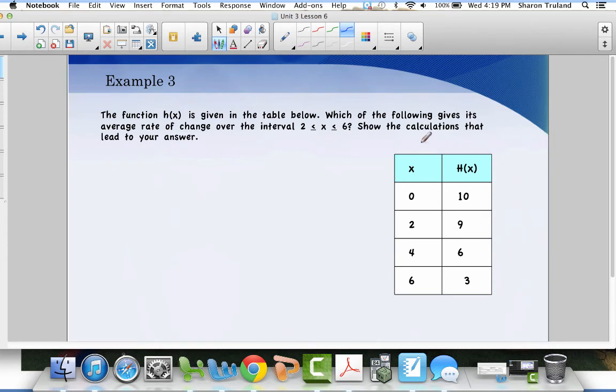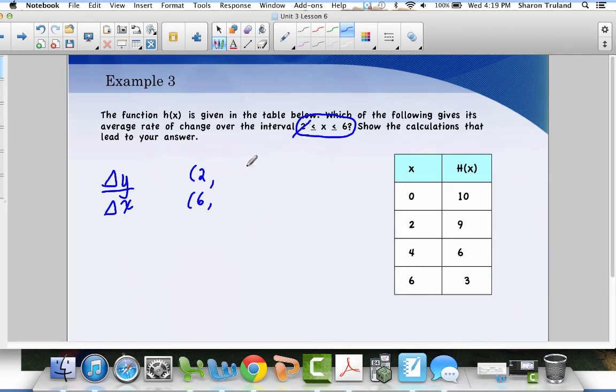So here we have a function, and it's function h, and it's given in the table below. But we don't have a picture of the function. We just know that it's doing something. We could graph it and get a picture, but no need. Which of the following gives its average rate of change over the interval from 2 to 6? Now, I say which of the following, but I just want you to be able to do the rate of change. So rate of change means how far I changed along the y divided by how far I changed along the x. Well, my x values here, I start at 2 and I go all the way to 6.